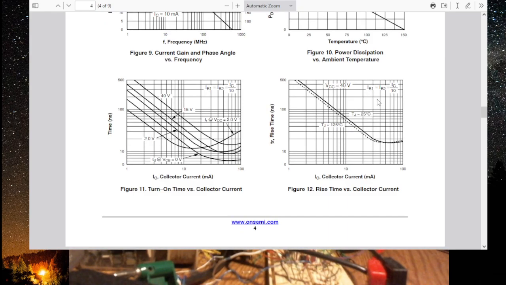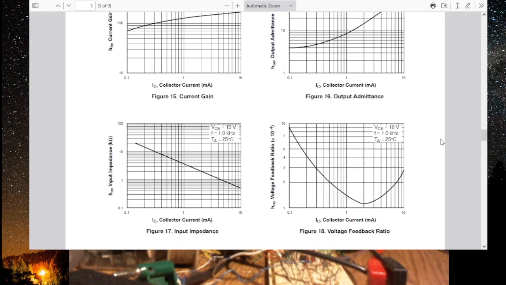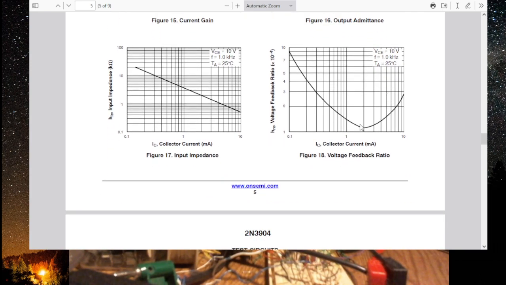We put our calibration circuit in there, our calibration signal. Voltage feedback ratio, I don't know what. Okay, input impedance. So if the collector current goes up, the input impedance in k ohms is going down.